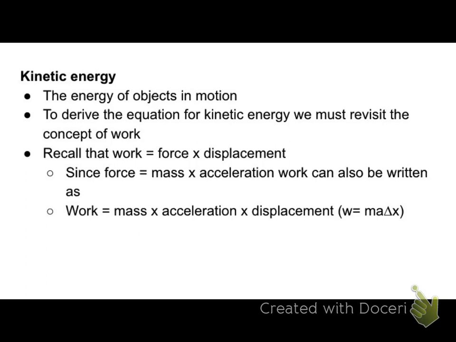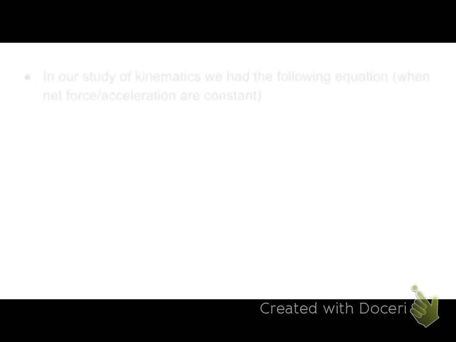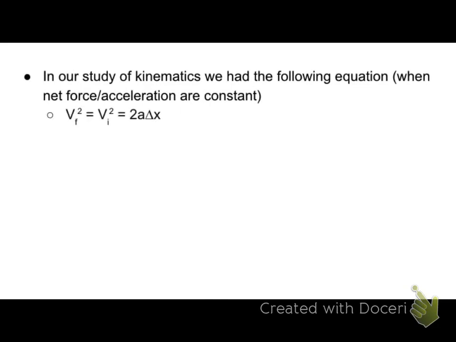And now we can take this lovely equation and connect a previous concept back from when we learned kinematics, which is our equation: velocity final squared equals velocity initial squared. I believe that should be a plus sign and not an equal sign. That's a typo on my behalf. Plus 2 times acceleration times change in displacement.